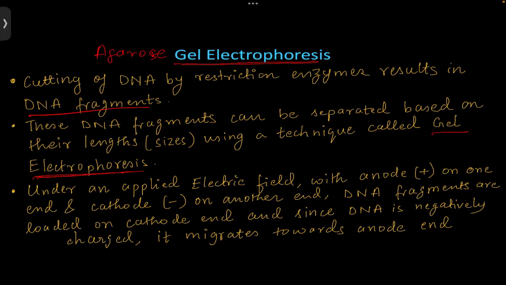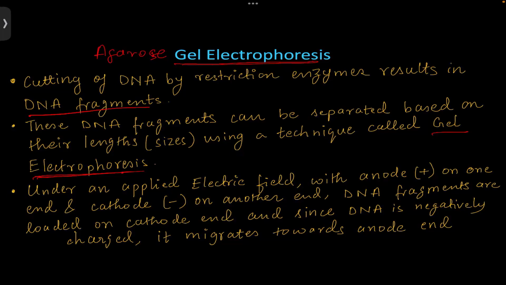So when you apply an electric field where one end is the anode and the other end is the cathode, can you guess, if you place your DNA molecule at the cathode end, where it will move? If you are assuming that it will move towards the anode, you're correct. It will move towards the positively charged end because it itself is negatively charged.